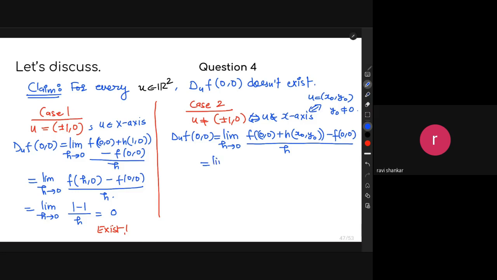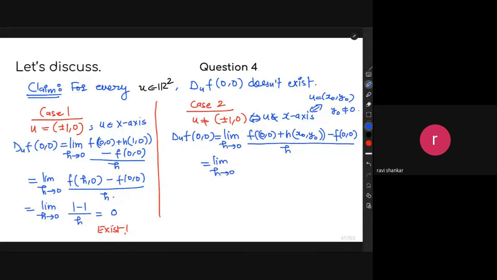So now you will get f of (h x naught, h y naught), which is h square x naught square, and f of 0 comma 0 is 1.